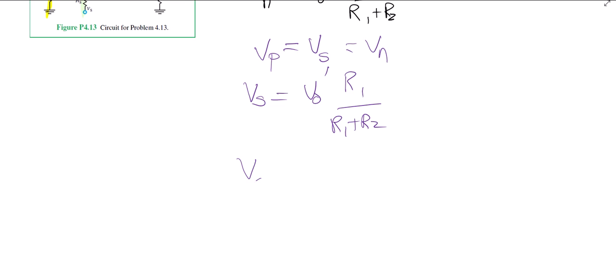Or, multiplying both sides by the reciprocal, VO prime equals Vs times R1 plus R2 over R1.